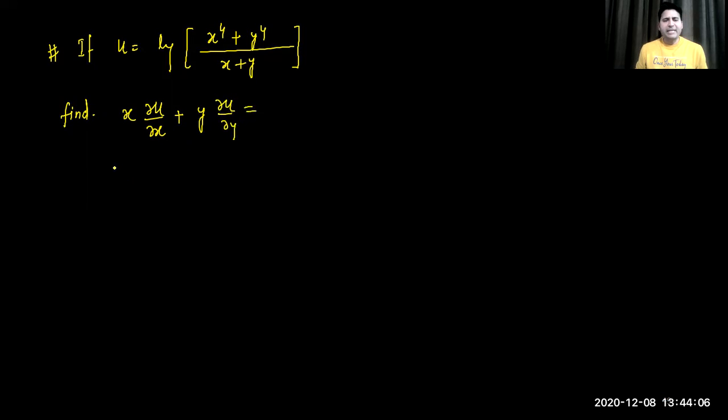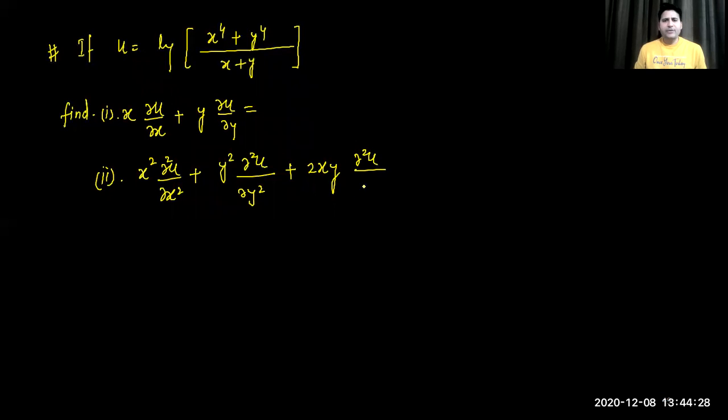And the second part, I am finding both parts for the same function: x^2 del^2u over del x^2 plus y^2 del^2u over del y^2 plus 2xy del^2u over del x del y.